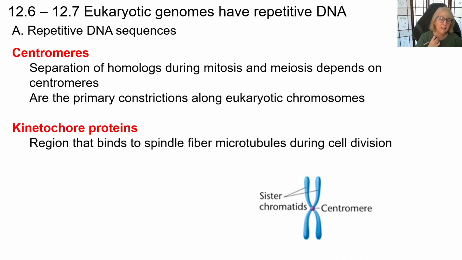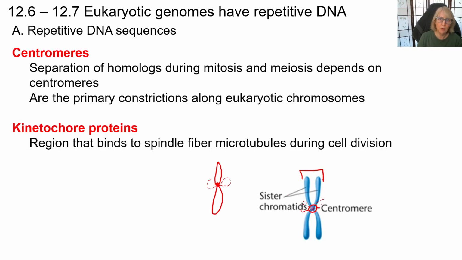So to highlight again, centromeres are this tiny little pinched in piece of heterochromatin at the center of either a chromosome or a chromosome made out of sisters. The kinetochore proteins come into play when we are going to go through mitosis or meiosis. Little proteins come off of the centromere.